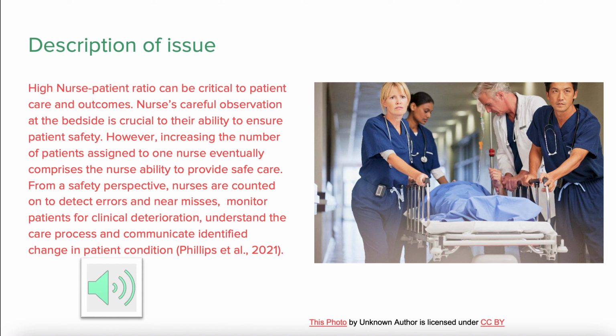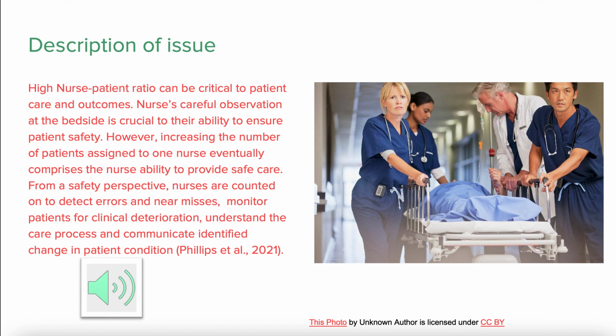Description of the issue of high nurse-patient ratio. It can be critical to patient care and outcomes. Nurses' careful observation at the bedside is crucial to their ability to ensure patient safety.